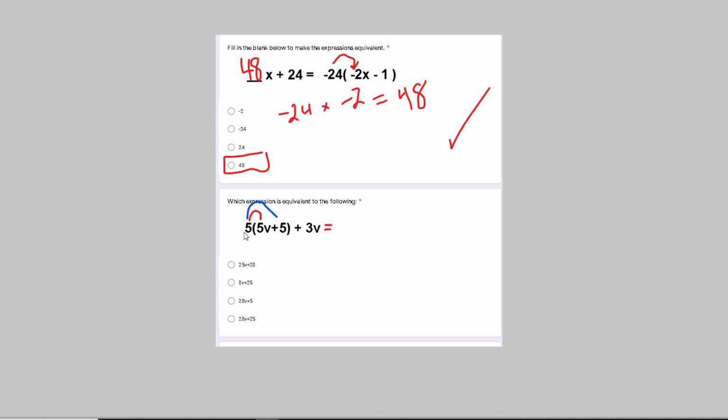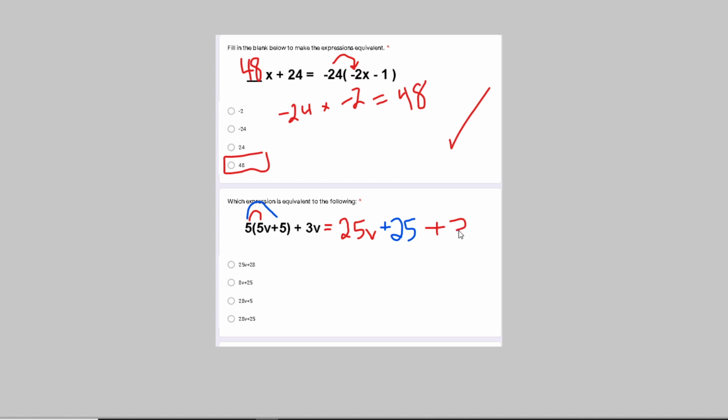So we have 5 times 5v. 5 times 5 is 25. So we have 25v. And then we have 5 times 5, so plus 25. And then we have another 3v over here.